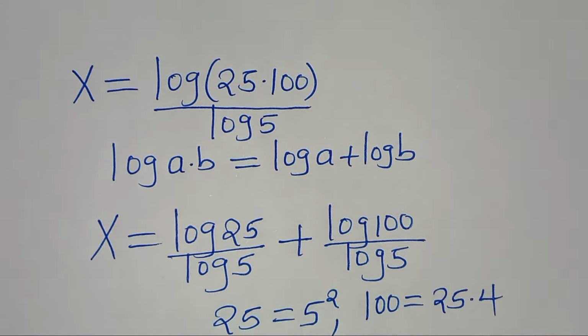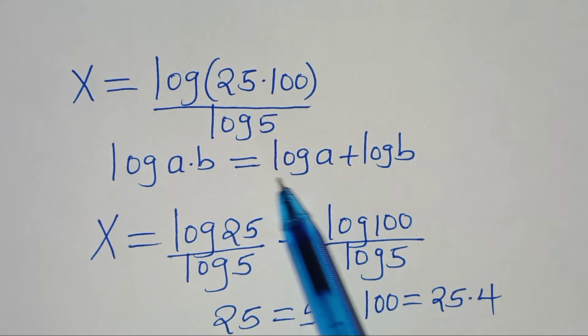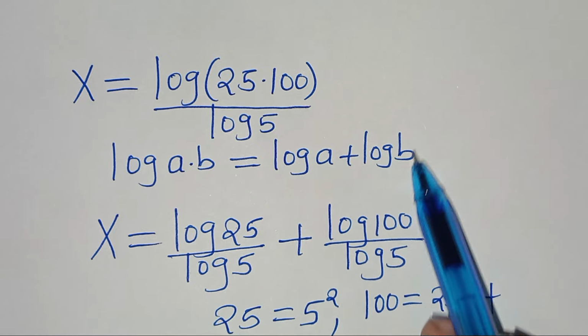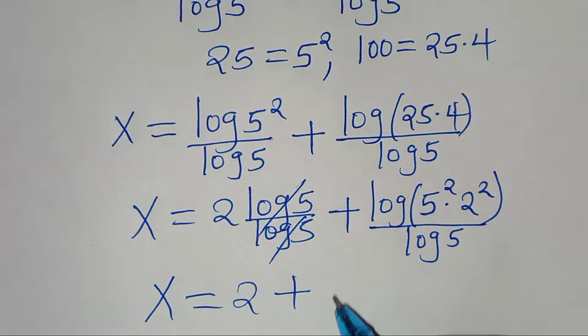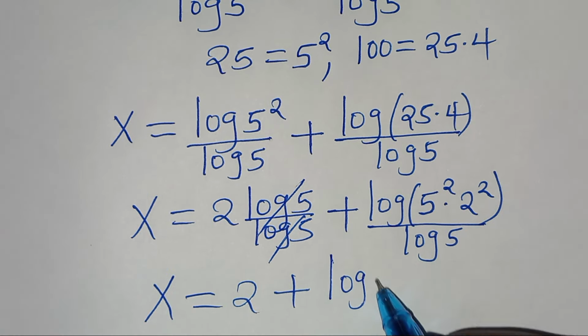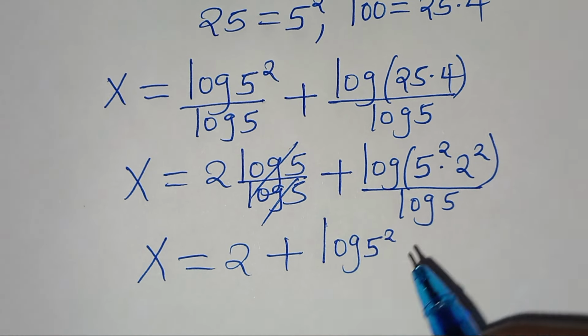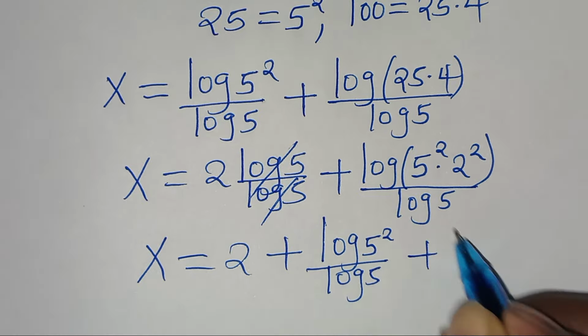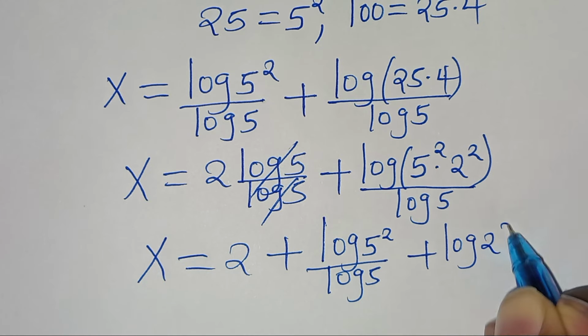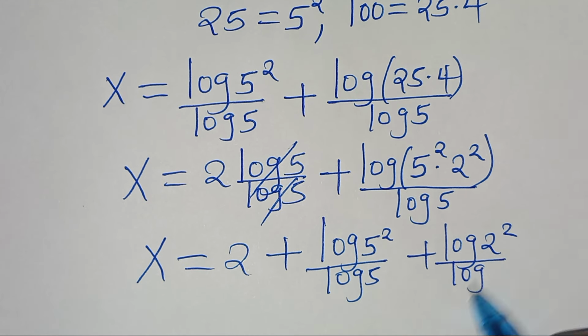This is in the form of log a times b, which can be expressed as log a plus log b. So that now here we have log 5 to the power of 2 divided by log 5, then plus log 2 to the power of 2 divided by log 5.